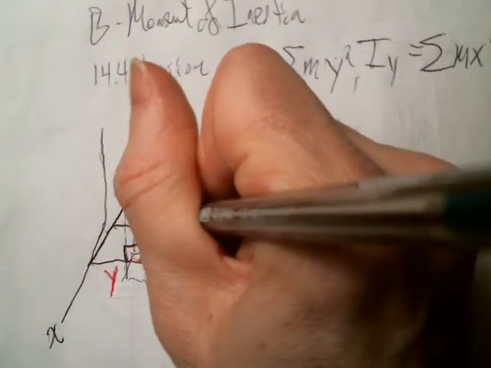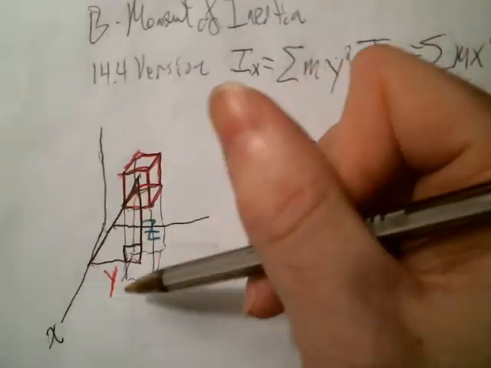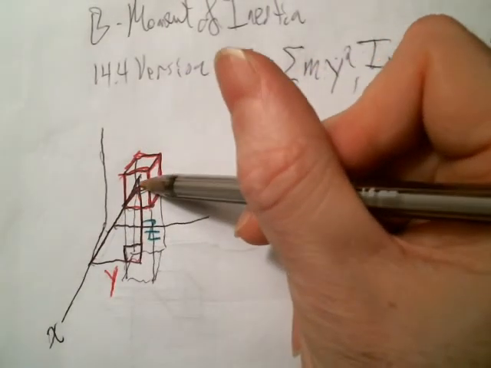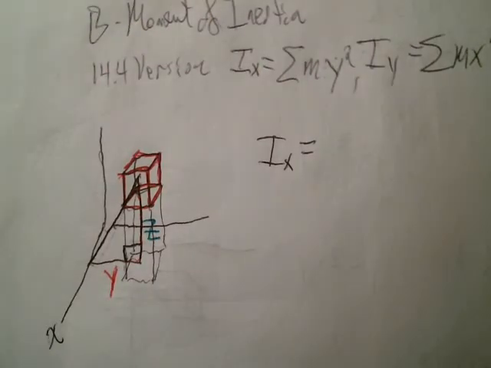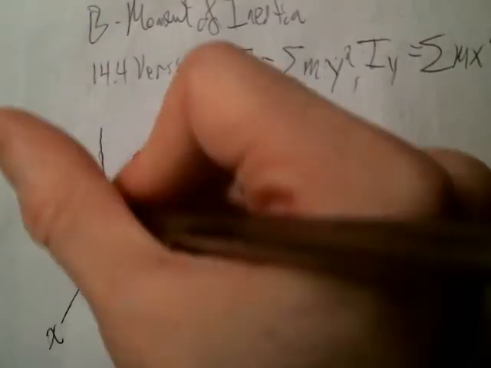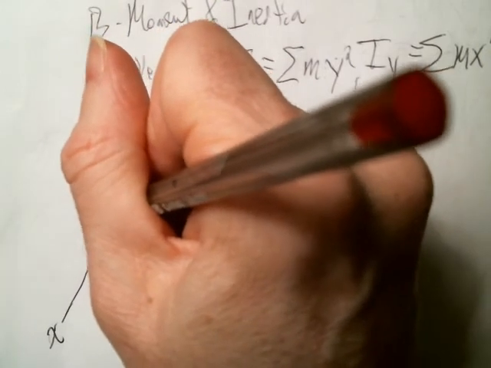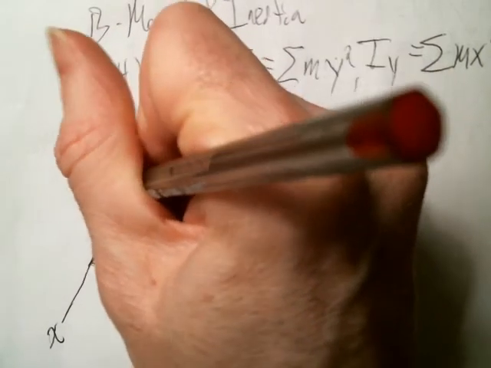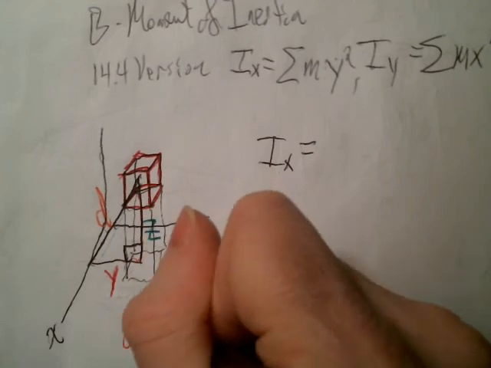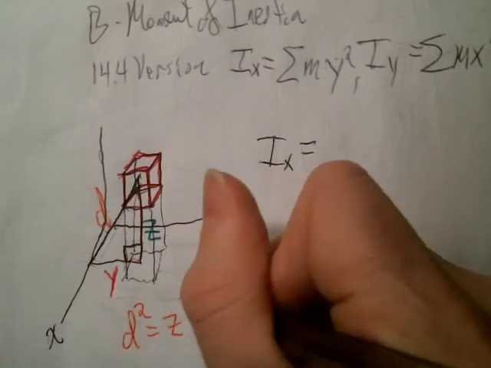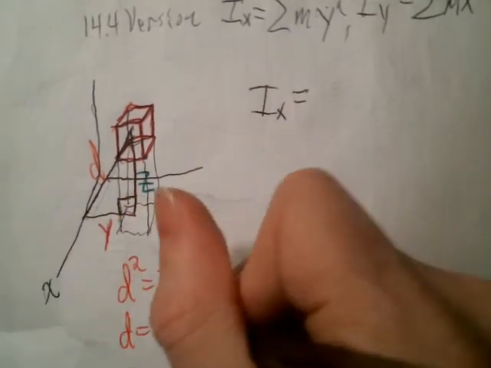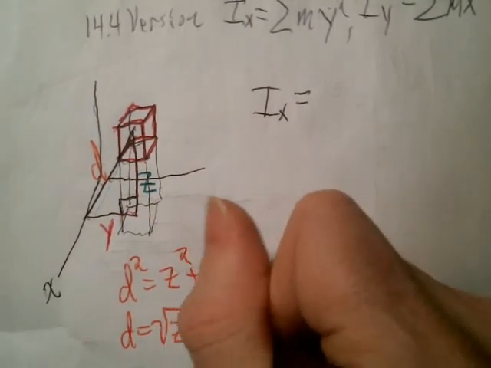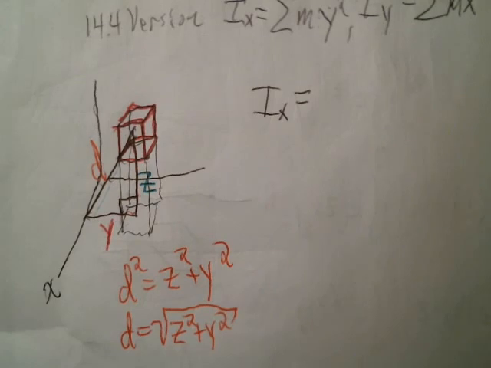It's getting a little busy in here. So use the Pythagorean theorem to get this distance here. I'll call it d. d squared is equal to z squared plus y squared. So of course the distance I'm after is the square root of z squared plus y squared.